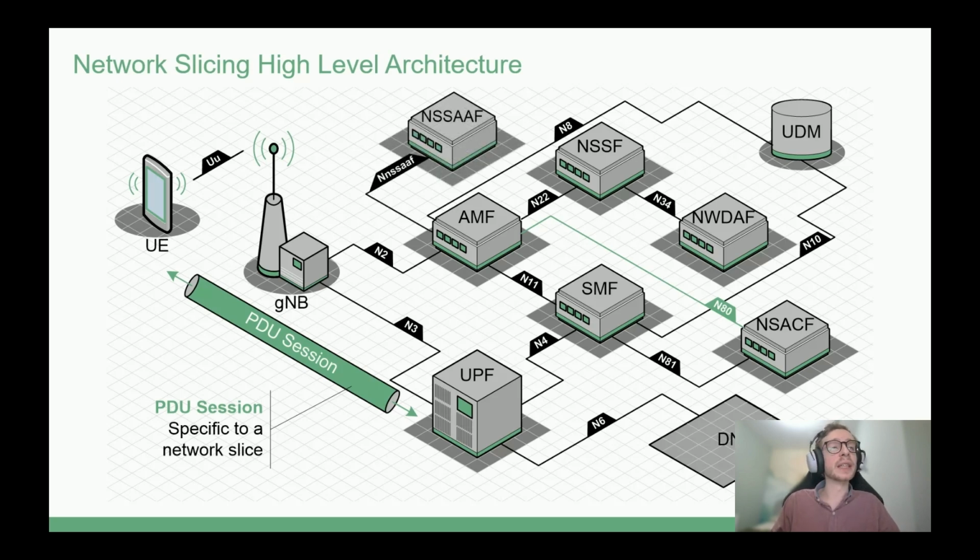Finally, we've got the NSSAAF, the network slice specific and standalone non-public network authentication and authorization function. We're not going to go into too much detail about this function, but it's important to note that during the registration process, this can be utilized to communicate with an external AAA server, an authentication, authorization, and accounting server, for an additional level of security to make sure that that device truly is allowed to be registered on that network slice.